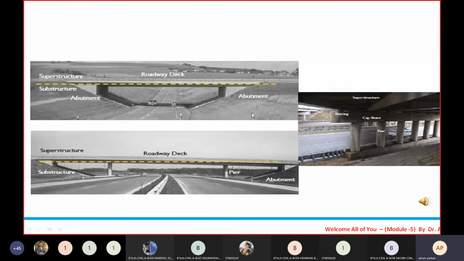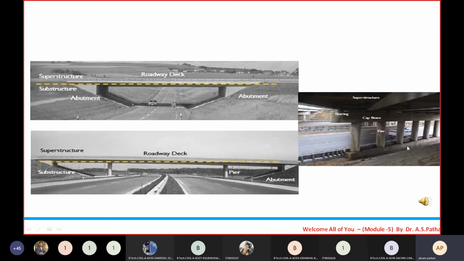Such component parts we can understand with the help of these photographs. Then again, in the case of crossing of roads, we have bridges over the road. We have the superstructure here, then the substructures, the deck slab, the piers, the girders, and the abutments.